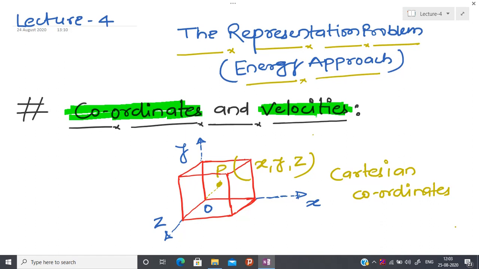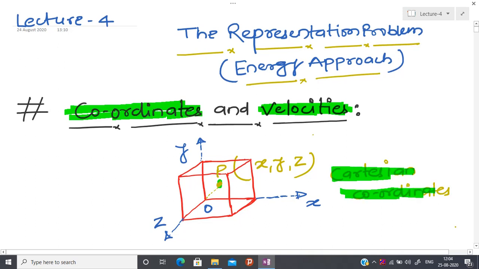So basically in this class I am going to use the Cartesian coordinates most of the time. Suppose that I have some object in space, some particle here at this point P, and I am going to use Cartesian coordinates to specify it.